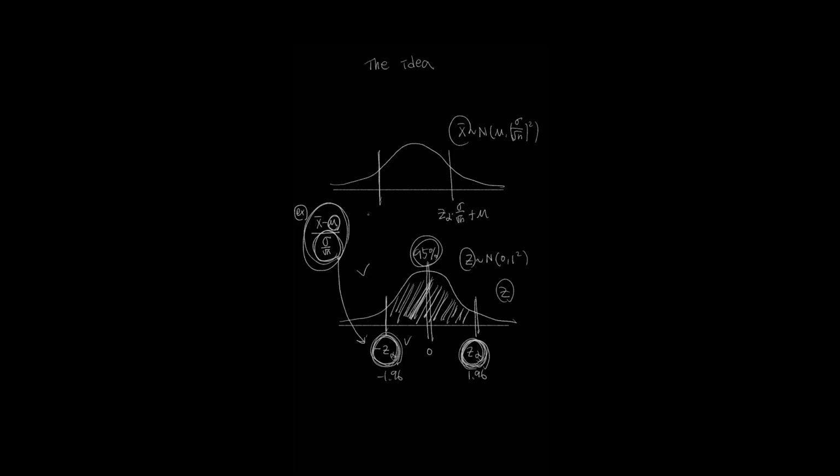It would be the same at this value, alpha. These would be exactly the same points as the ones in the standard normal distribution. So we know that also in this area, 95% of values of x bar live.